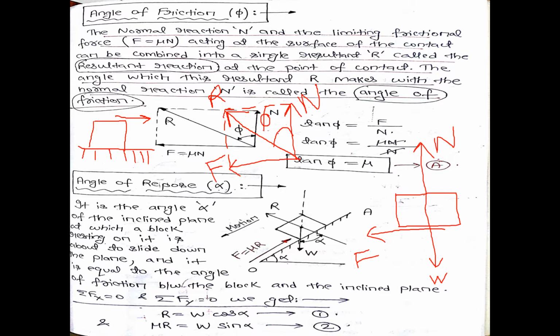What is angle of friction? Angle of friction is the angle made between the resultant of frictional force and normal reaction, with the normal reaction. That means the angle made between resultant R, which is of F and N, with N. If it is making that angle, then that phi is known as the angle of friction.